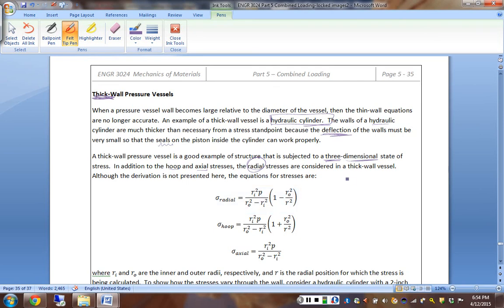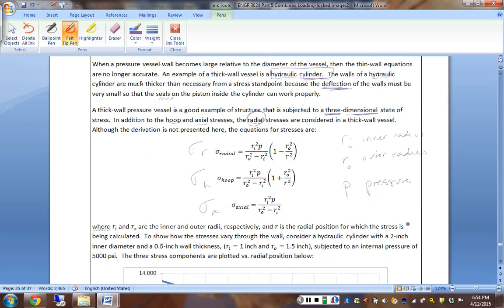The equations that deal with this consider the inner radius of the structure, r sub I, the outer radius of the structure, r sub O, sigma sub r is our radial, sigma sub h is our hoop, and sigma sub a is our axial, and P is the amount of pressure inside the structure.